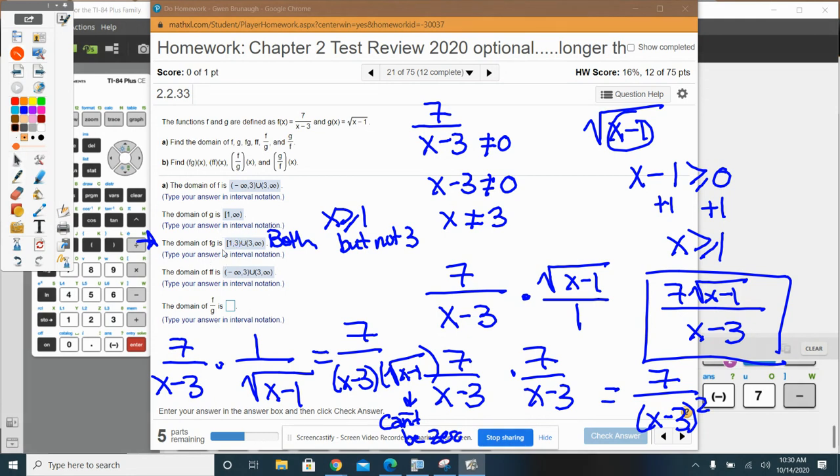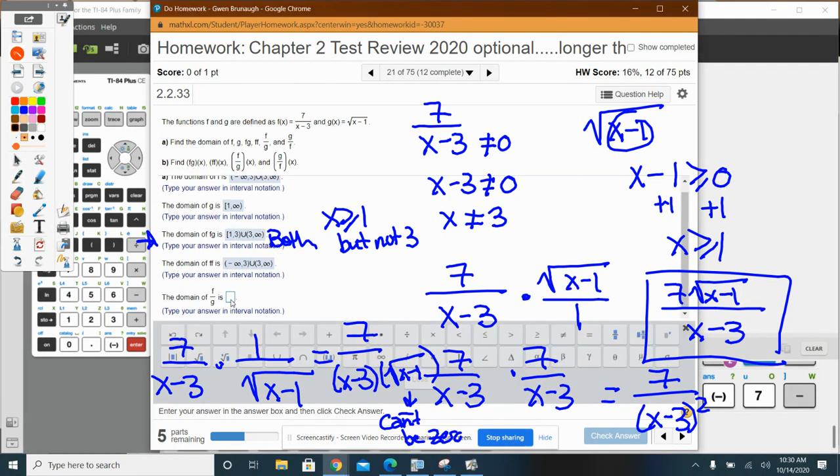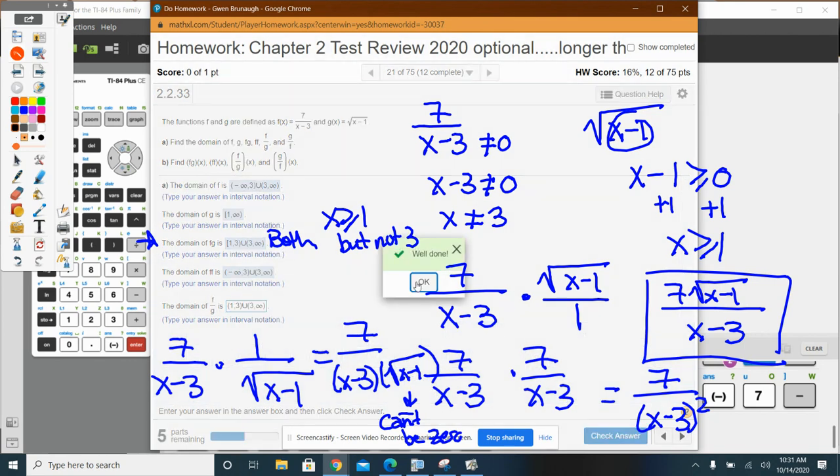I'm going to have the exact same as the both, but instead of a square bracket, I'm going to have an open parenthesis, because now all of a sudden it's in the bottom and 1 is not allowed. So it's going to go 1 to 3 and 3 to infinity. This time we couldn't have the square bracket because since 1 is in the bottom, that doesn't work anymore.